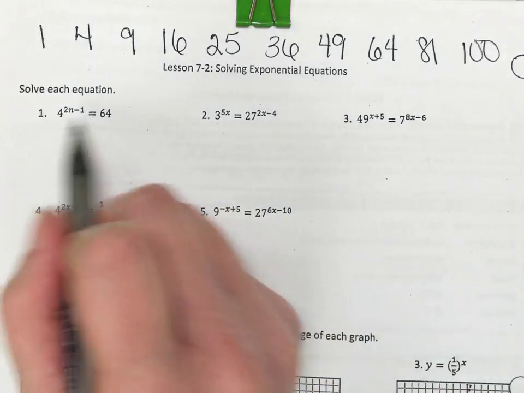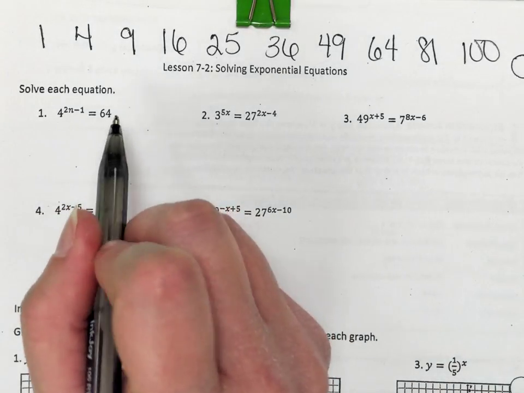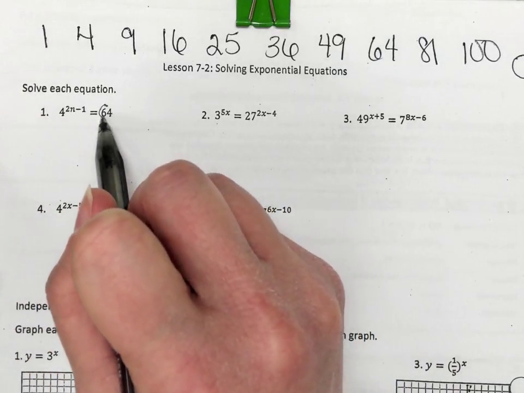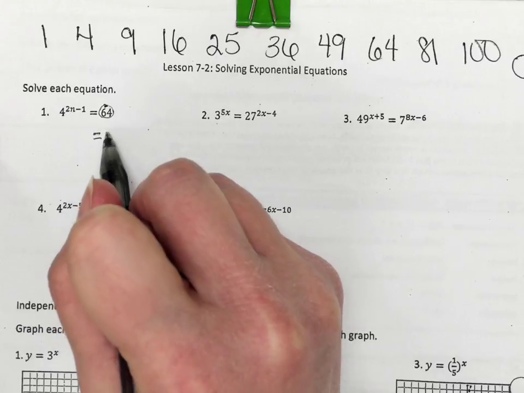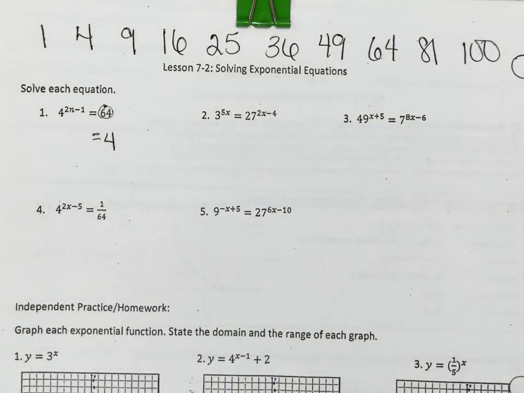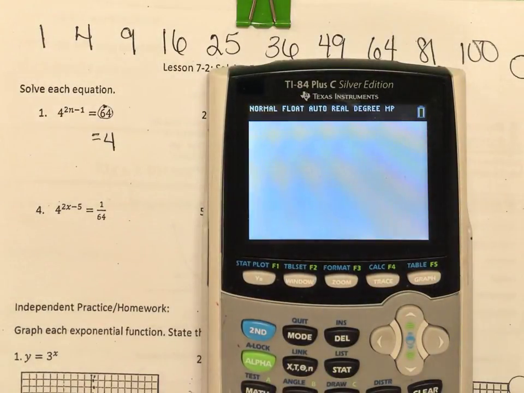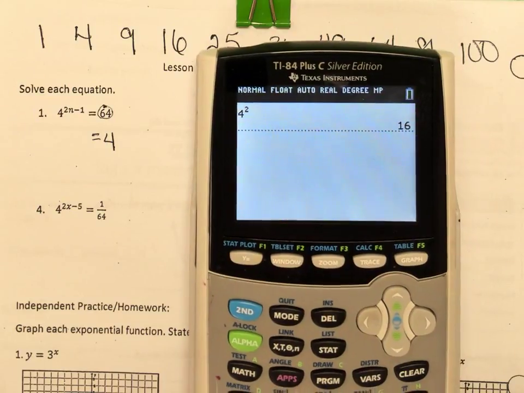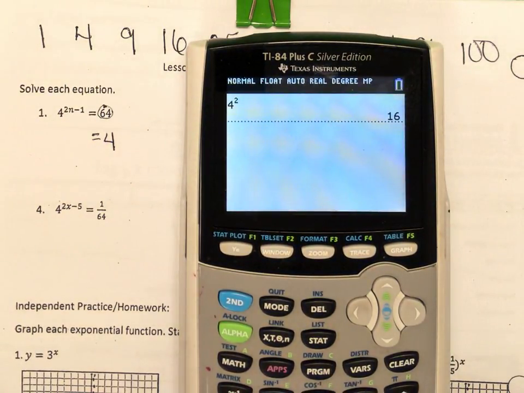Okay, here we go. You have to make these have the same base, okay? So look at 4 and 64. Can I put 64 to be 4 to some power? Is there 4 to a power that gives you 64? So let's use your calculator. Let's do 4 to the second. What's 4 to the second? 16. Okay, that's not 64. Let's do 4 to the third.